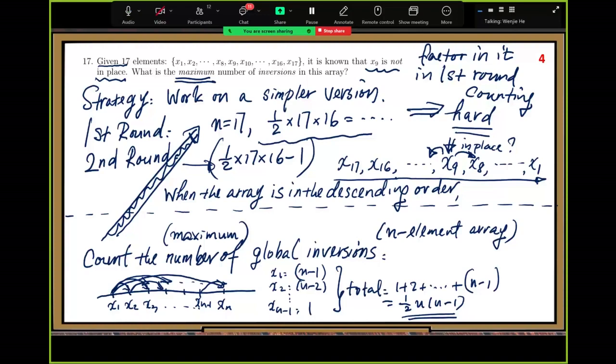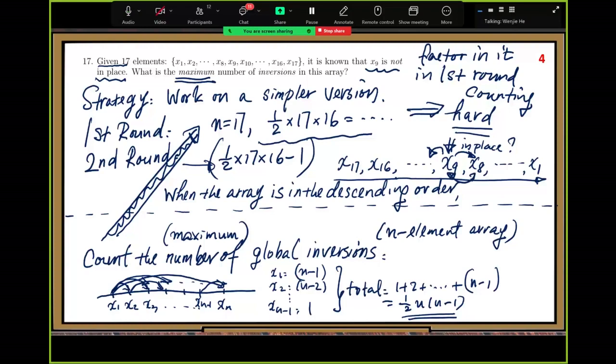Right, Rohan, your understanding is correct. Just the general maximum case minus 1. You can see an adjacent swap only changes the inversion number by 1. Try to think about that. Let me assume we just swap x9 and x8.